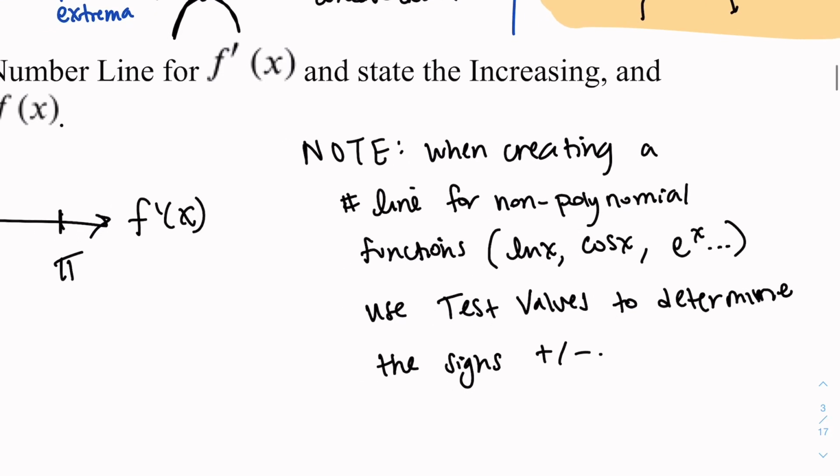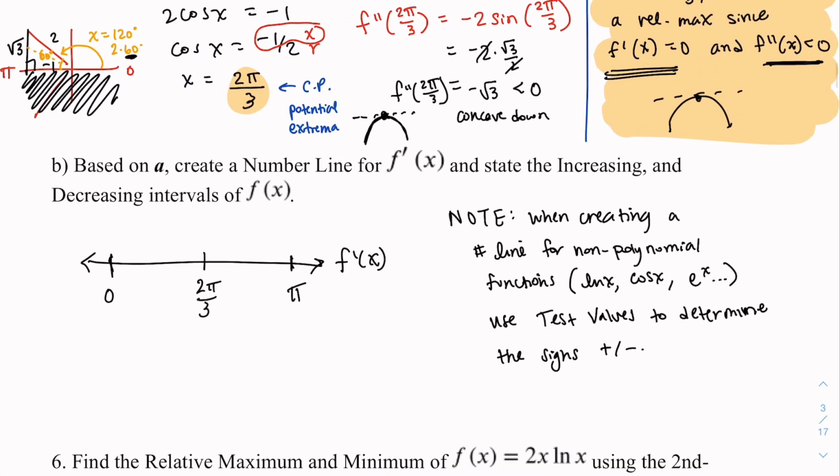So basically what we're saying is when you're creating a number line for non-polynomial functions, so for instance, logs, trig, or exponential functions, use test values to determine the signs. So let's pick a test value between 0 and 2 pi over 3. Something that is between those two.